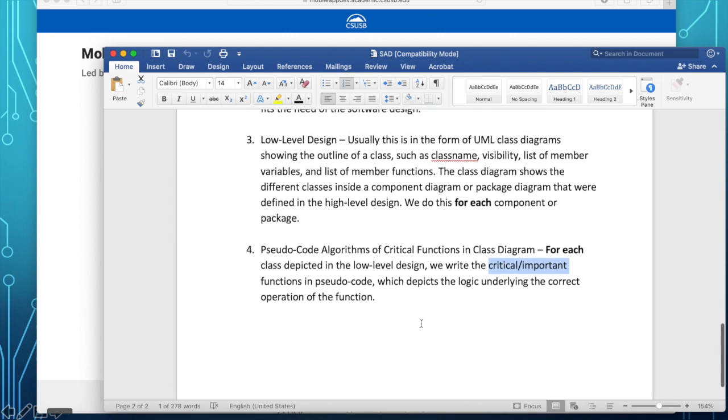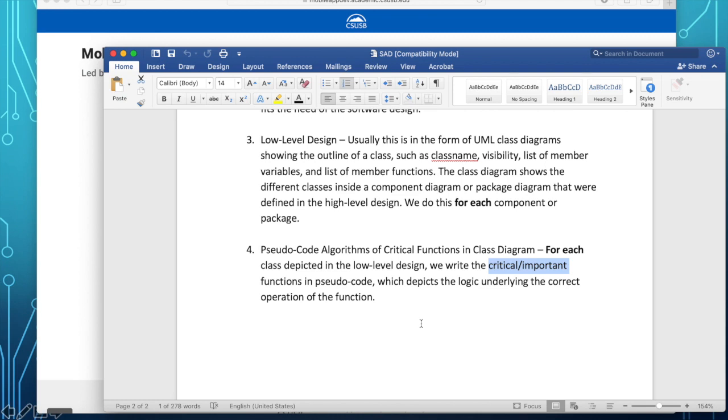So this is used in analysis of the correctness of the function or the method. And as I said before, fixing pseudocode is much easier than fixing source code. And if you fix the error in the pseudocode, the error or fault will not appear in the source code.